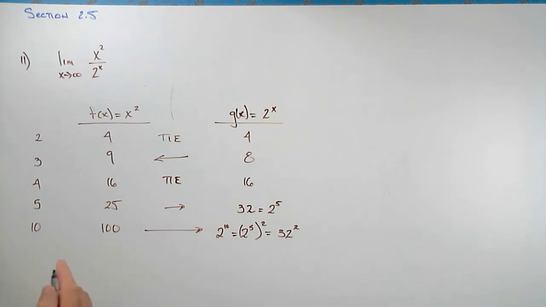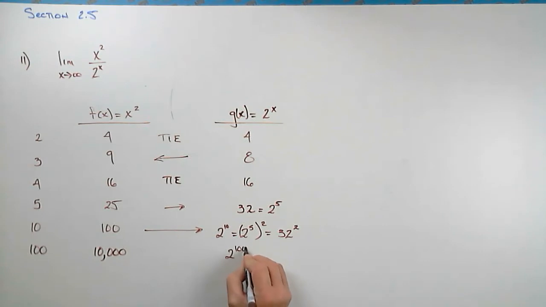And if we put in a number like 100, 100 squared is only 10,000. Square, you get 4 zeros. Over here, you get 2 to the 100th. Well, 2 to the 100th is 2 to the 10th to the 10th.